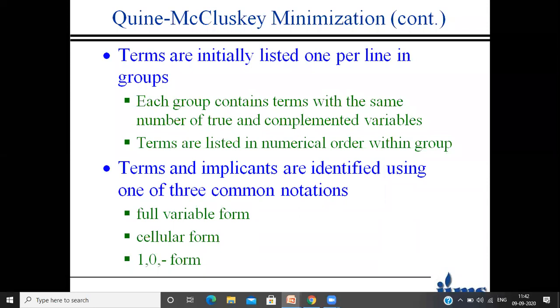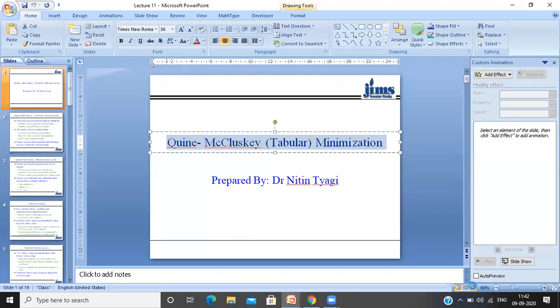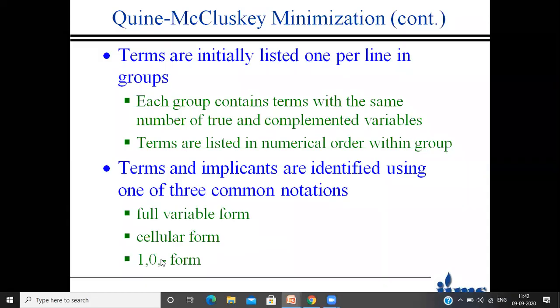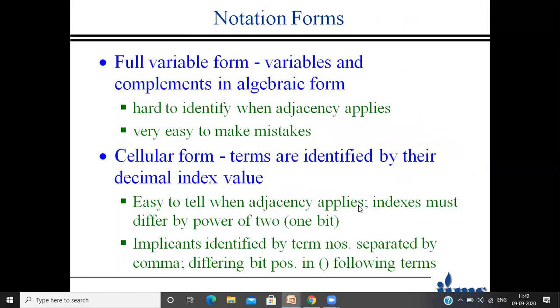Now terms and implicants are identified using one of three common notations. The first notation is full variable form, another is cellular form, and the last one is 1, 0 and dash. So how the dash comes into play, that is the don't care condition. When we solve with the help of the example, it will be much easier to understand.